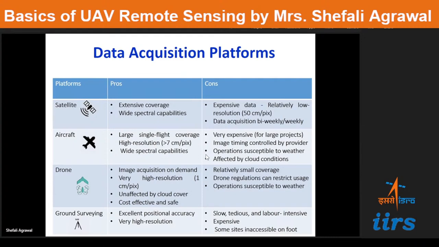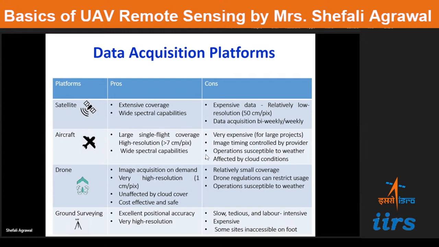In contrast, aircraft provide you better spatial resolution, around 7 centimeters or so, compared to satellite-based platforms, but they are expensive and the operations are susceptible to weather and cloud conditions, because you cannot fly them as and when you want; it needs proper planning.